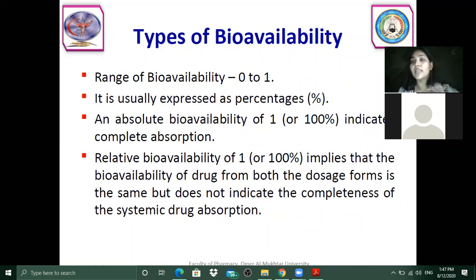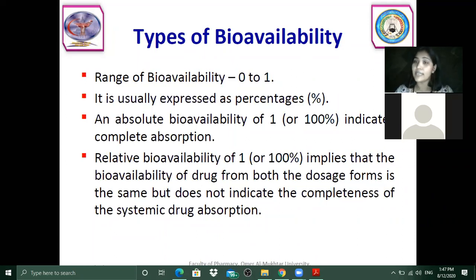But I'm not sure how much exactly Glenmark's is. It does not always indicate that Glenmark's formulation, which could be a tablet, capsule, anything, has been completely absorbed into the blood circulation or not. I'm just comparing my result with the Glenmark result. So if theirs comes to 60 and mine also comes to 60, then my relative bioavailability is 1. But that is not the case with absolute bioavailability. Absolute bioavailability will always be 1 because you're comparing with the intravenous formulation, and intravenous formulation will always have 100% absorption of the drug.